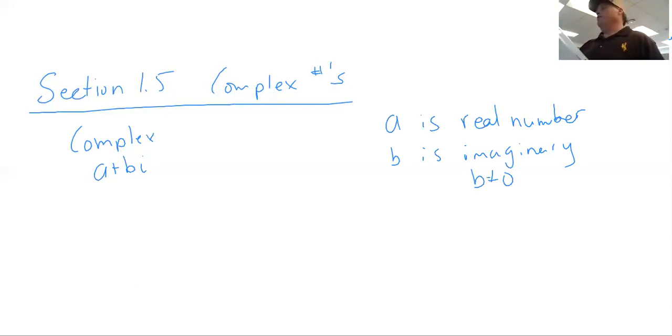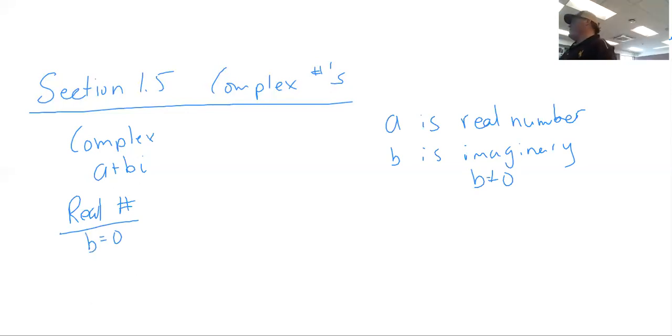Now, a real number will be written as b equals 0. But when you have imaginary numbers, b cannot equal 0.